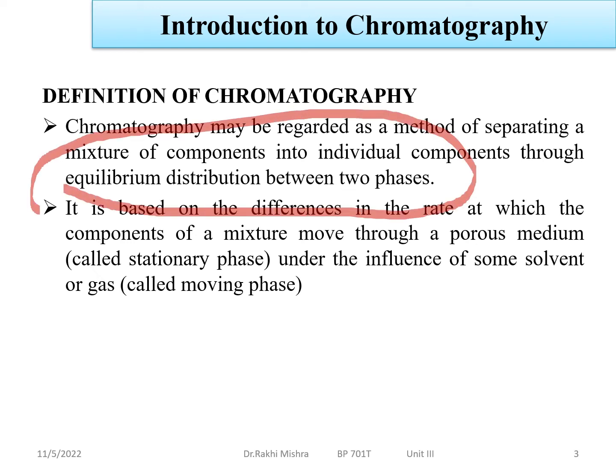Equilibrium distribution means that if a component is in the mobile phase, it will distribute between the mobile and stationary phase by maintaining an equilibrium. I will discuss this term later. It is based on the differences in the rate at which components of a mixture move through a porous medium. This porous medium is the stationary phase, and the sample moves with the help of the mobile phase.